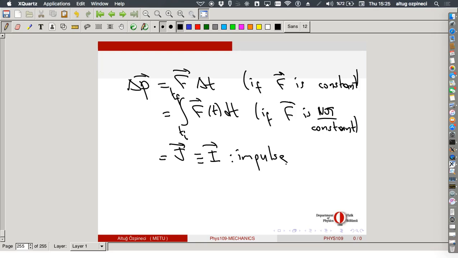So rather than dealing with the forces in such cases, we can talk about the impulses given to the object. Since the duration of the force is very short, during this time the objects practically do not move. The only thing that changes is their momentum. At one instant they have one momentum, at the next instant they have a different momentum, assuming that this collision time is very small. In that case, it will be only this impulse that is important for us. This is just a definition that you will see.